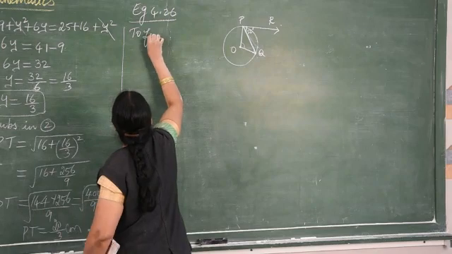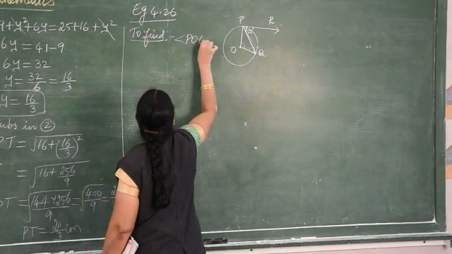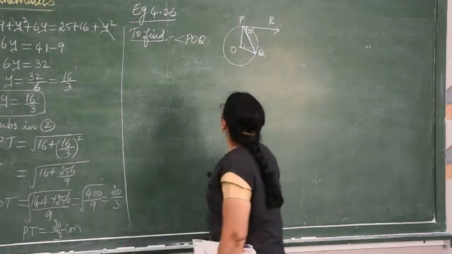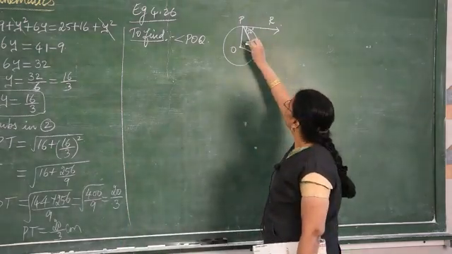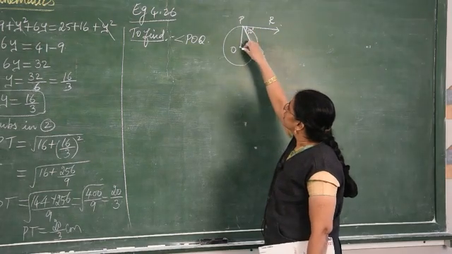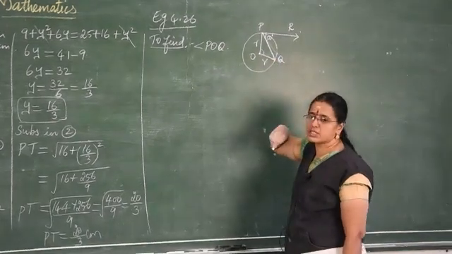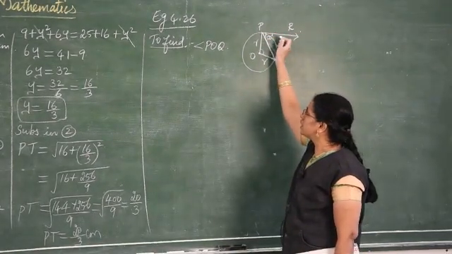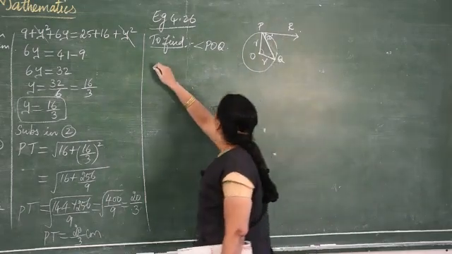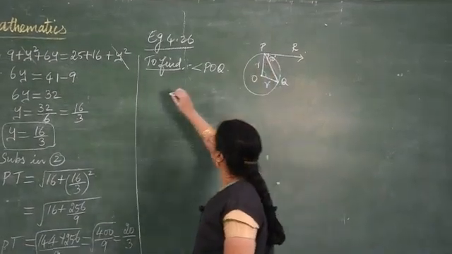So to find angle POQ, just now we have seen the theorem facts. OP is a radius of the circle, OQ is also a radius. And the radius is perpendicular to the tangent. Therefore, what is the angle made by the radius here? 90 degrees.